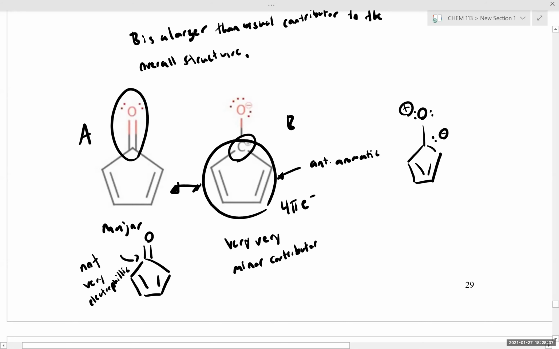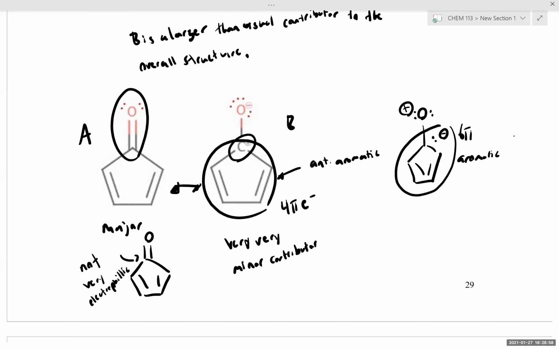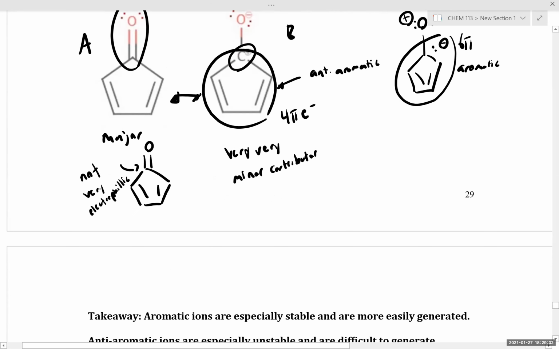Of course, it doesn't follow the octet rule, so it breaks that convention. But this contributing structure has more weight than you would expect because this ring system has 6 pi electrons and is aromatic. So the location of the lone pair is important because in some cases you can end up with preference for one arrangement or distribution of electron density.